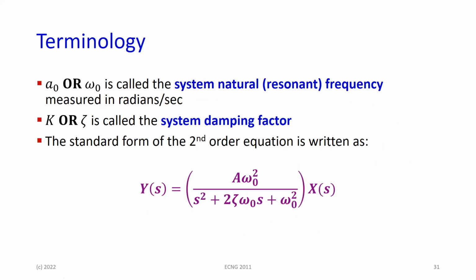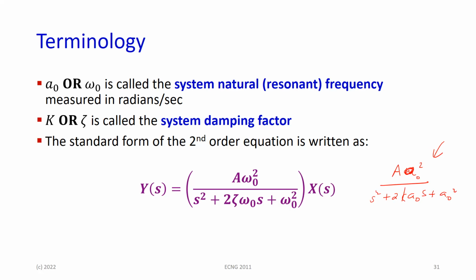So they have standardized that. Our equation here was a0 squared over s squared plus 2k a0 s plus a0 squared. This is what we were playing with just now. It has been standardized in controls and signals and systems.